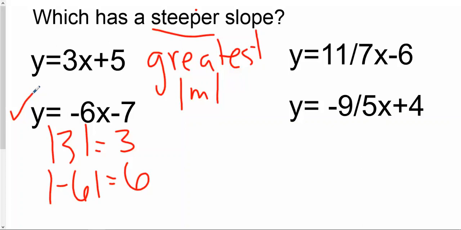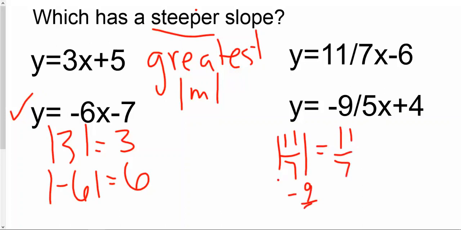Okay, for our second one, what we're going to do is take the absolute value again. And this one's going to be a little bit harder because we're dealing with improper fractions, right? So maybe we don't know right off the bat that the second one or first one's better. So let's try to convert these into mixed numbers and see if that gives us a clearer picture.